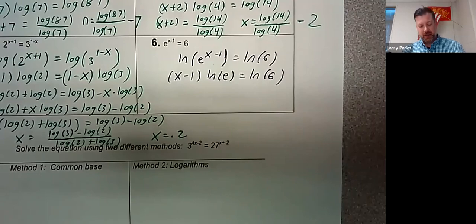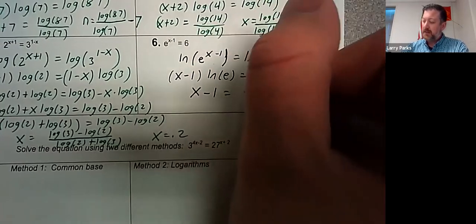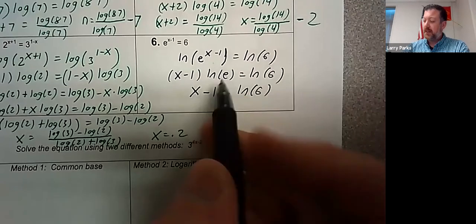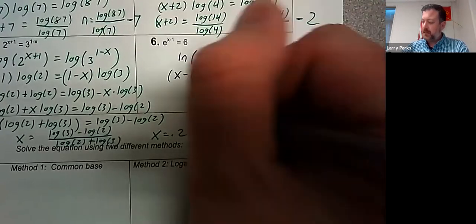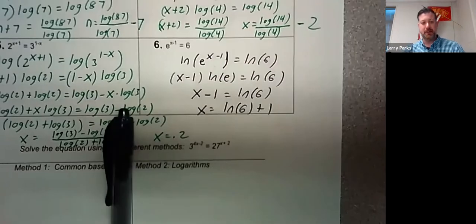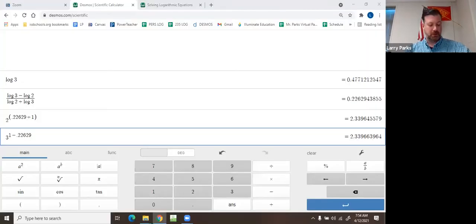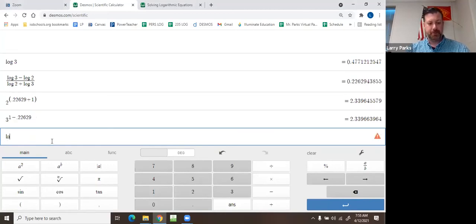And what's nice about natural log of E is if you type natural log of E in your calculator, natural log and E cancel each other out, so you just get 1. So you get x minus 1 equals natural log of 6. Add 1, and you get natural log of 6 plus 1. Approximately 2.8.